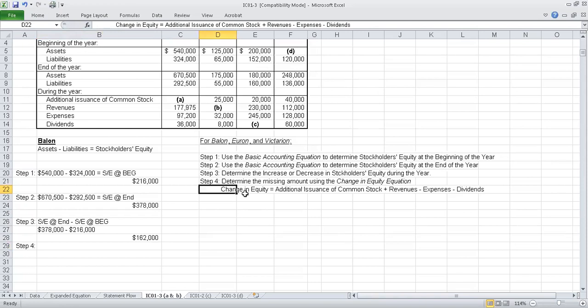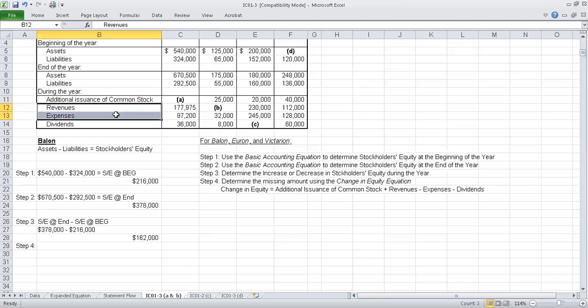More owners or more retained earnings. So the change in equity is additional owners, additional issuance of common stock. Common stock, again, is a representation of owners. Or more retained earnings. And we know that retained earnings is net income minus dividends.